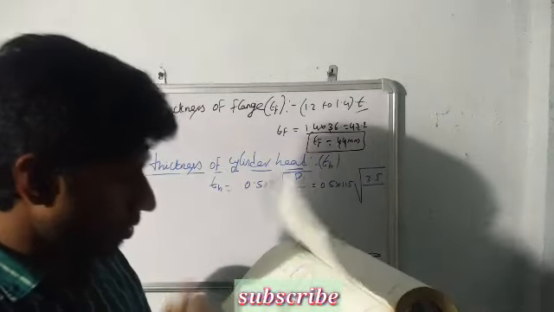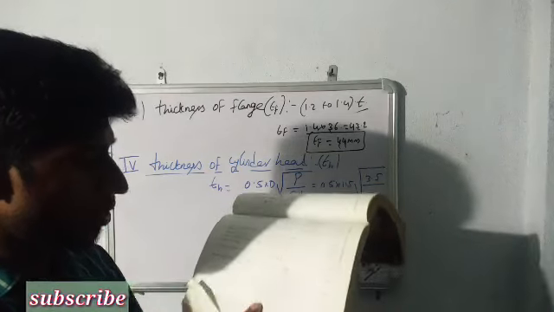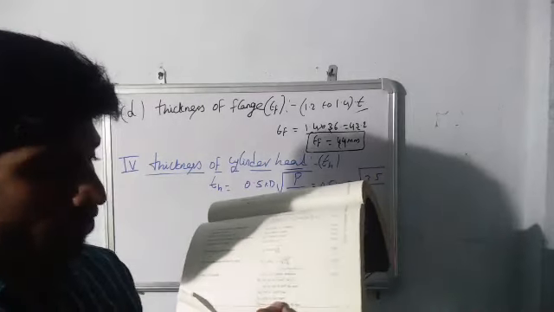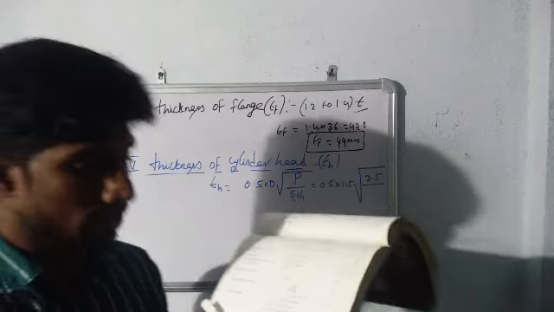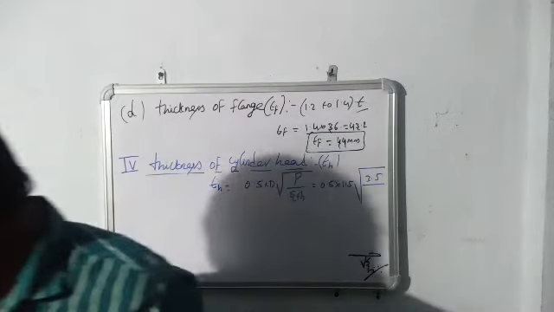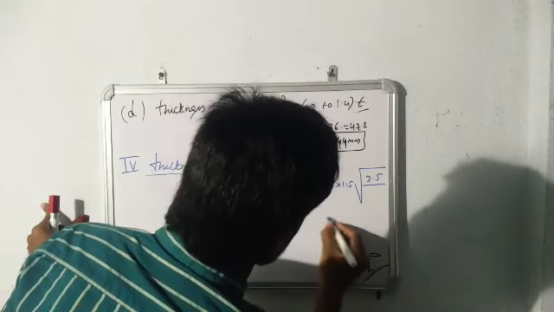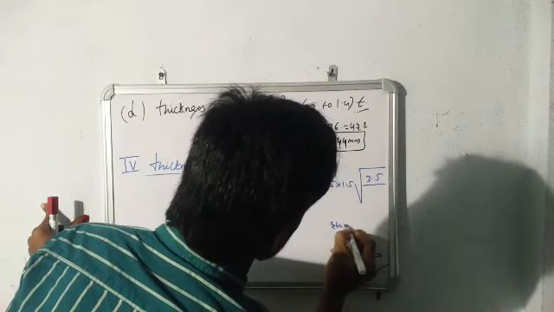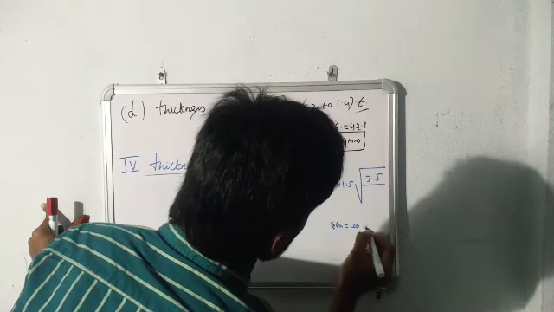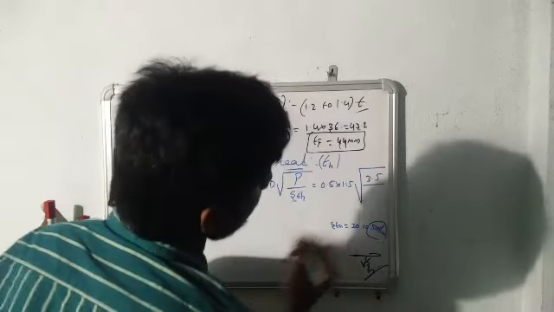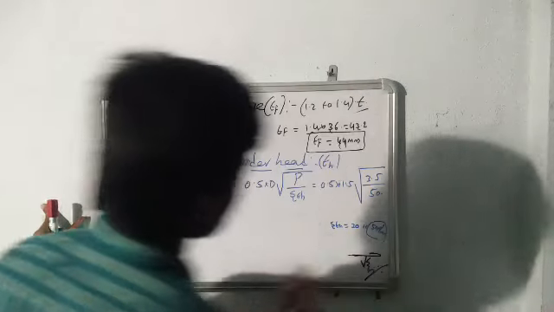Here the S suffix T H value is approximately 30 to 50 Newton per mm square for cast iron material. So consider that value, 30 to 50 Newton per mm square. That's why I am considering it as 50.